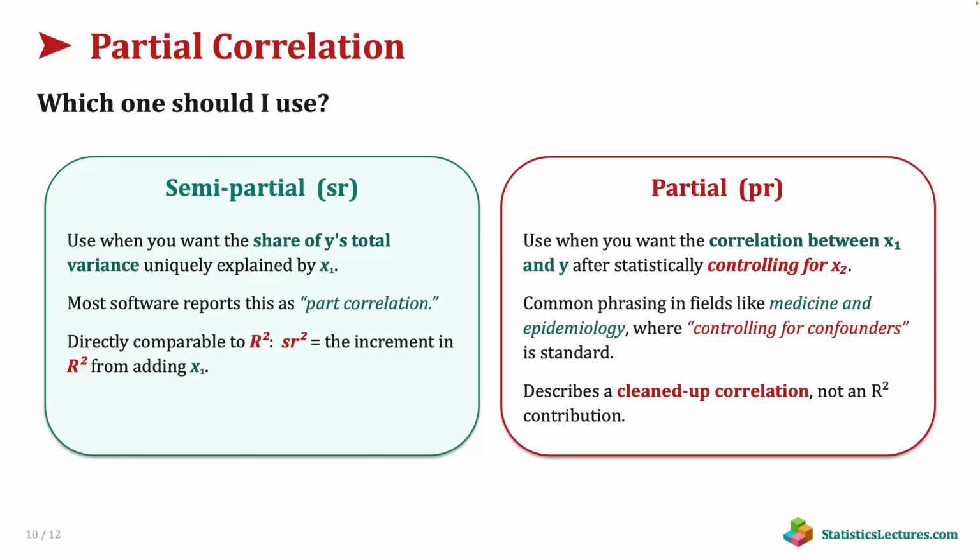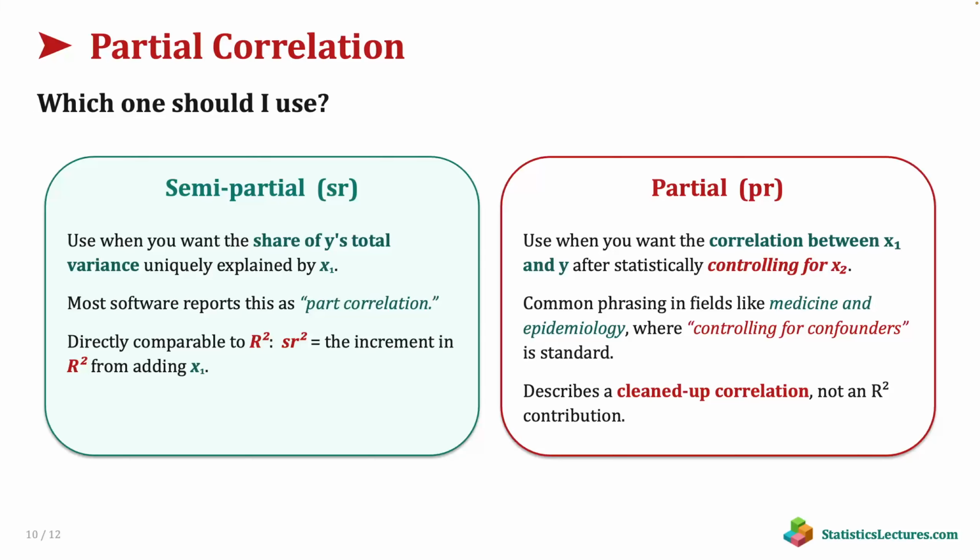So which one should you use? How do you pick between them? It really depends on the question you're asking. So reach for semi-partial when you want to know how much of y's total variance is uniquely explained by x1. Most regression software calls this the part correlation. And if you square it, you get the increment in r squared when you add x1 to the model.